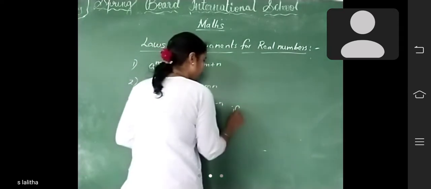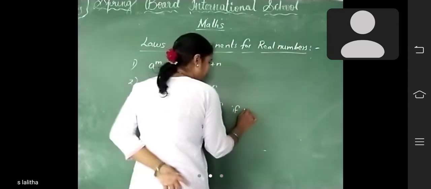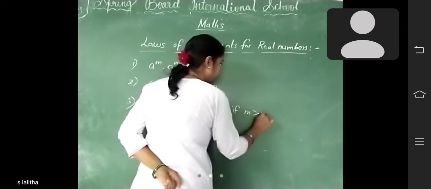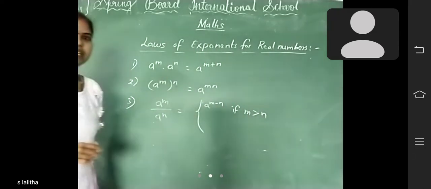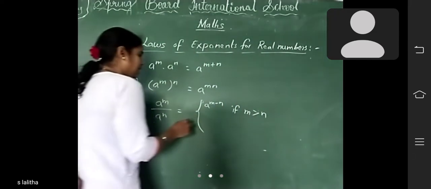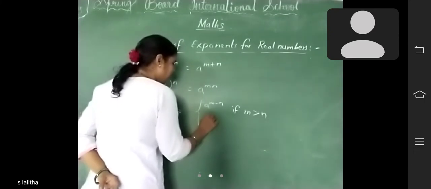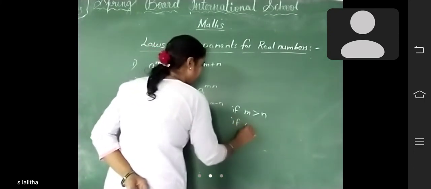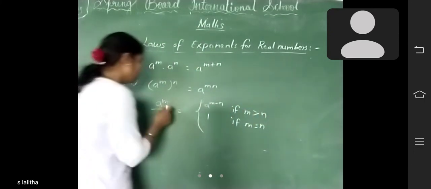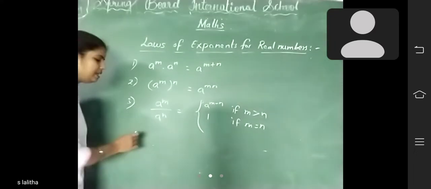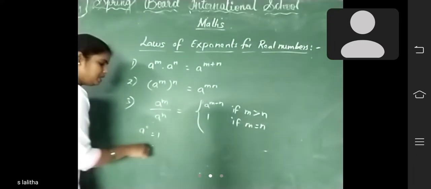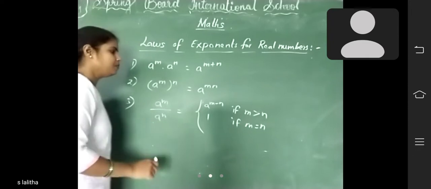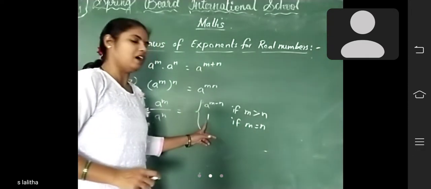If m is greater than n. And next it is equal to 1 if m equal to n. Both are equal means what is that answer? a power 0. That means 1. So that's why if m is equal to n means that answer is 1.